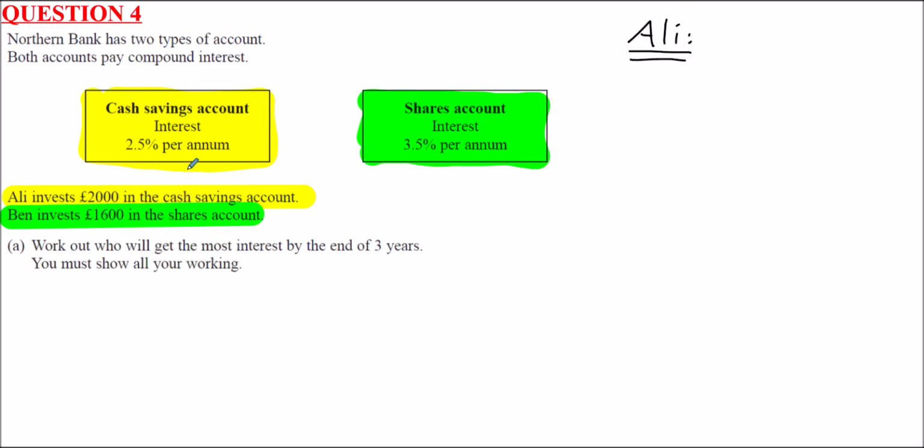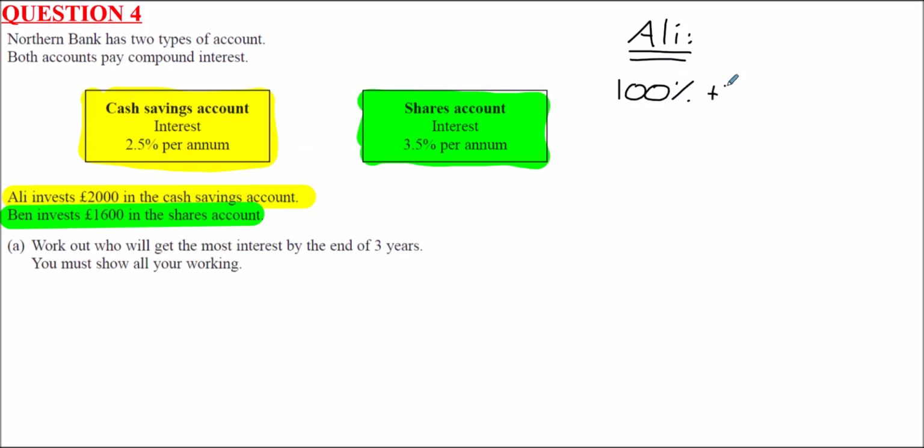So in the cash savings account, the interest is 2.5%. So in terms of what we multiply the starting amount by, remember, we always start off with any number with 100% of itself. Percentage interest gets added on.